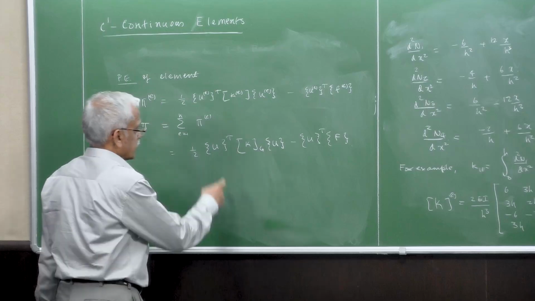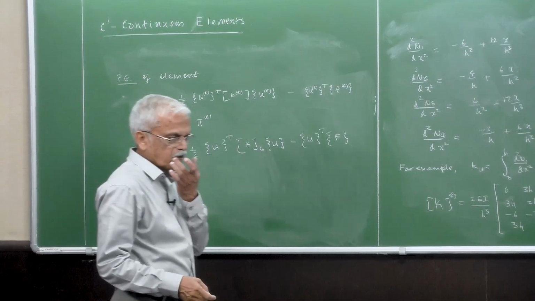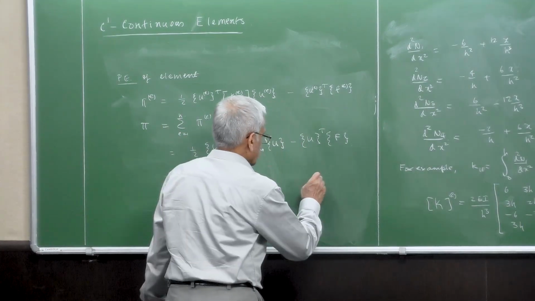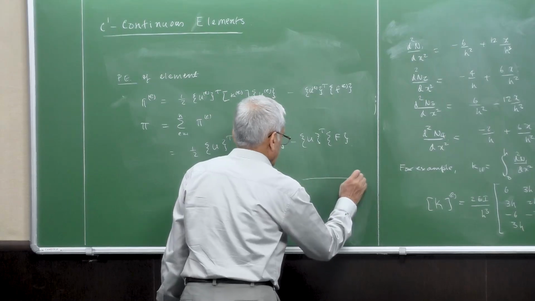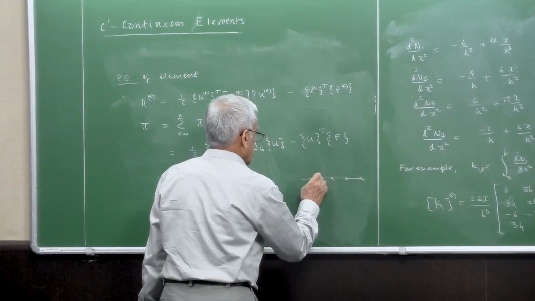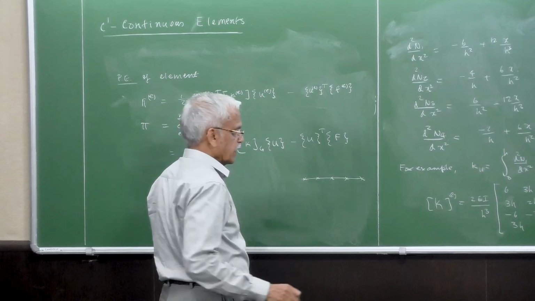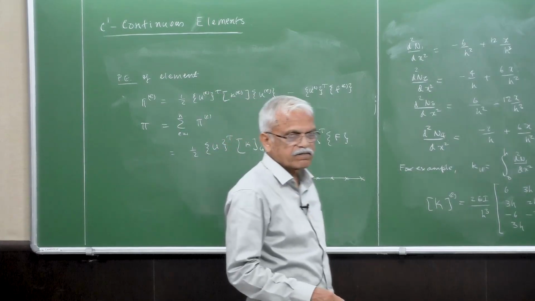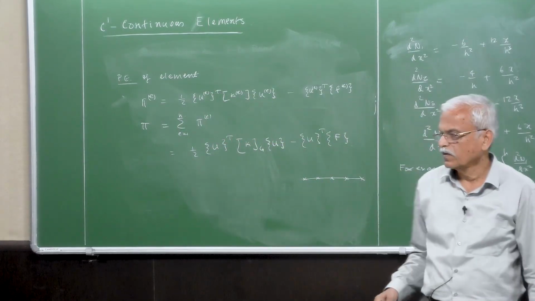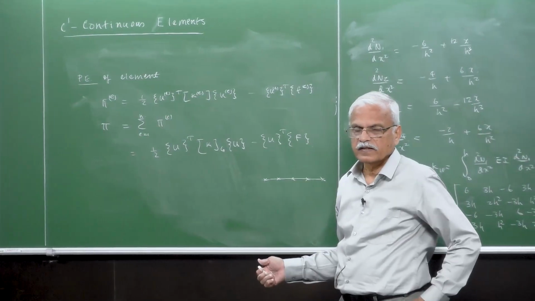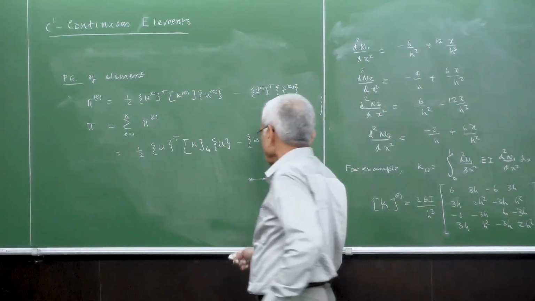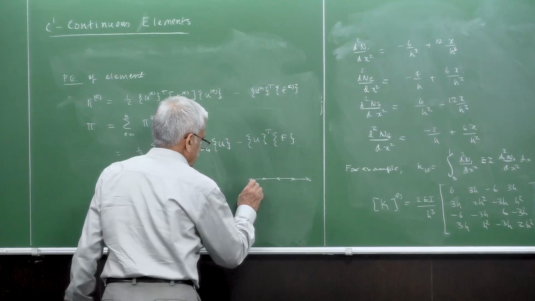So here U is the complete set of all the displacements. So for example, if you have n nodes, you will have 2n degrees of freedom. So at each node, the deflection as well as the slope are the degrees of freedom.